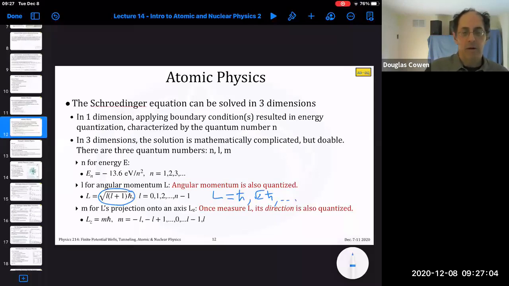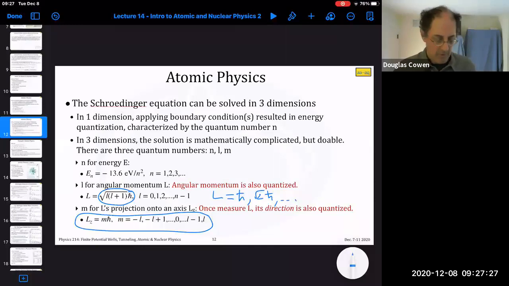And furthermore, once you measure that L, its direction is also quantized. Its projection along some arbitrary z-axis, and since the z-axis is arbitrary, that means that no matter how you do this, you're going to find that you get quantization of the direction that L can point.